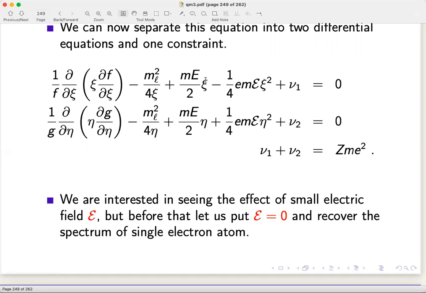There is nothing very special about 1/4, but what I want is that this equation should look more like a Schrodinger type equation. Then you would want the quantity sitting here to be 1 over 2m. So what you want to do is multiply this entire equation by 1 over 2me. If you multiply the whole thing by 1 over 2me, it kills this m times e and gives you a factor of 4. That is the reason for getting this.